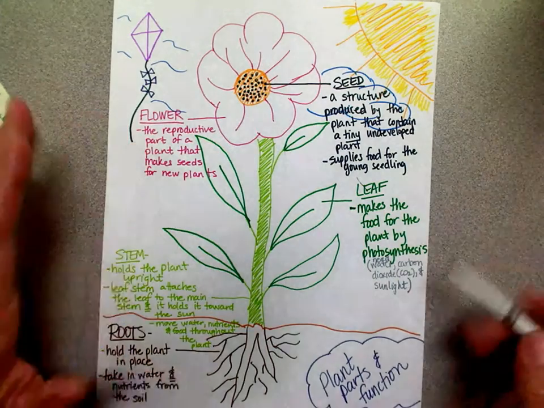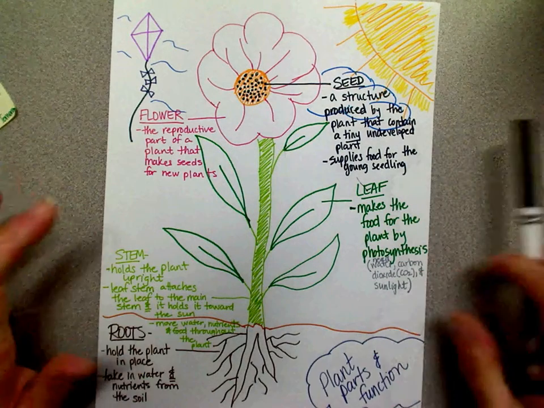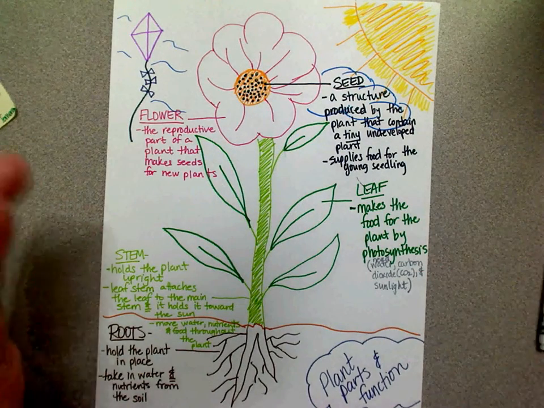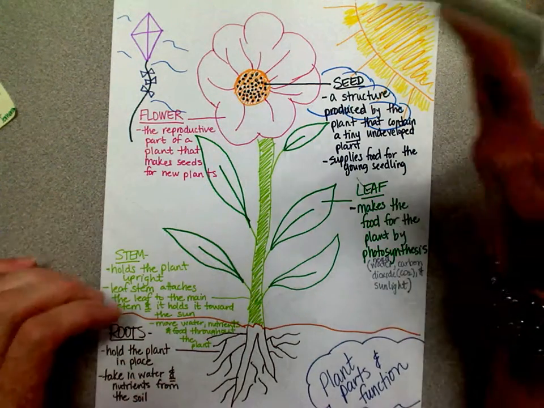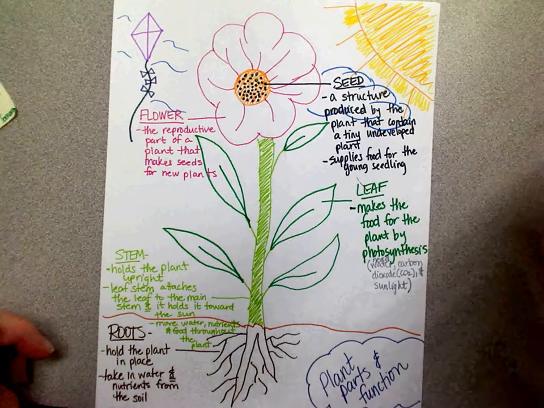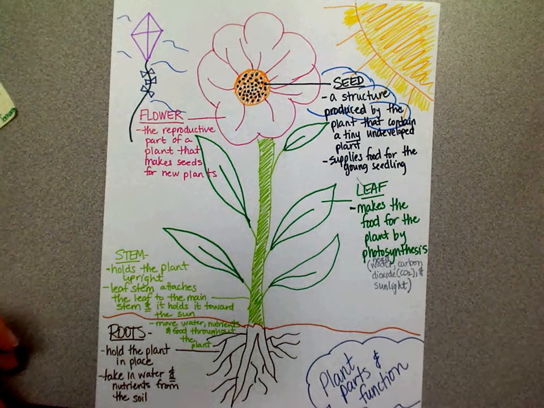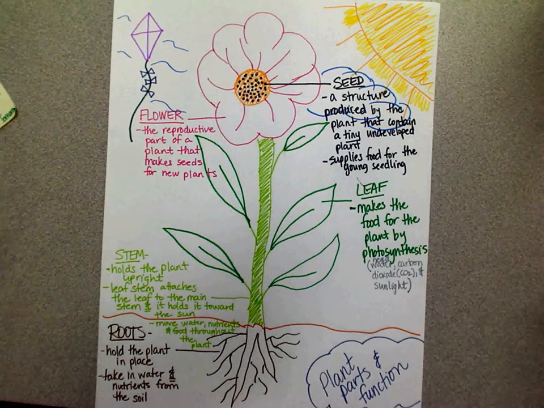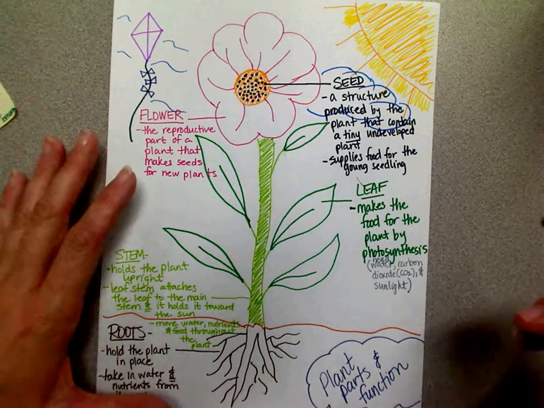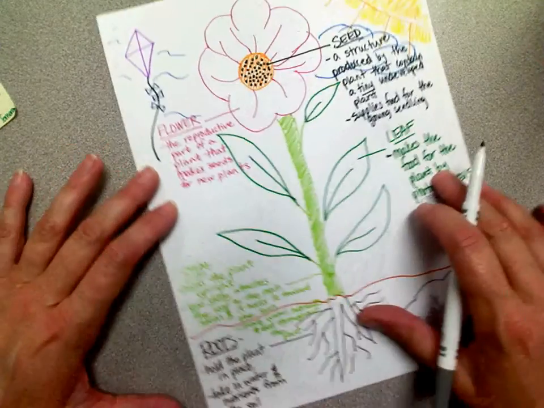Okay? Now, there is one specialized seed. Anybody have a clue what that seed might be? We eat them. Very good. Whoever said fruit is so smart. So we have a specialized seed called a fruit.